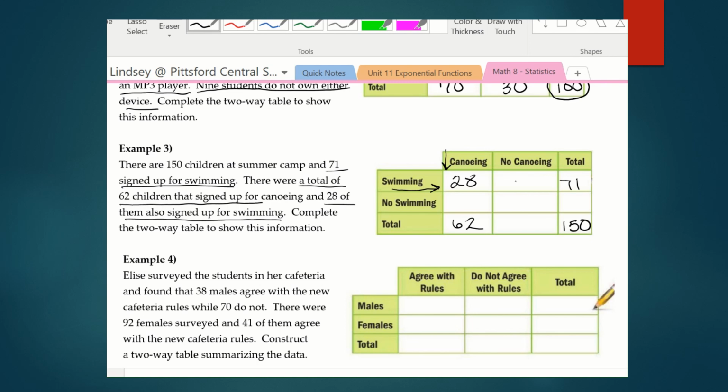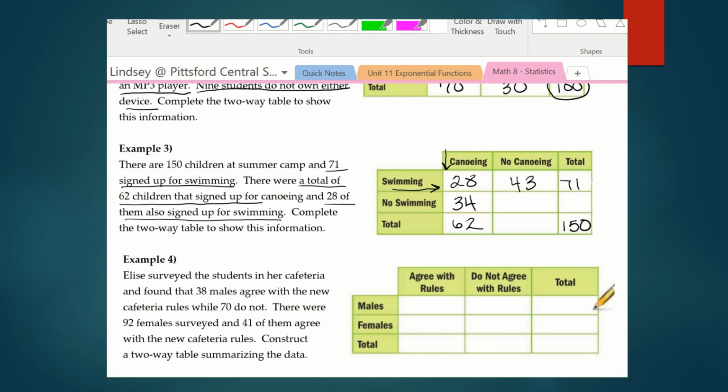That leaves 43 that are going to swim, but they're not going to canoe. Same idea here. I have 62 kids that signed up for canoeing. 28 of those 62 are also going to swim. So 62 minus 28 leaves 34 kids that are signed up for canoeing, but they're not going to swim.